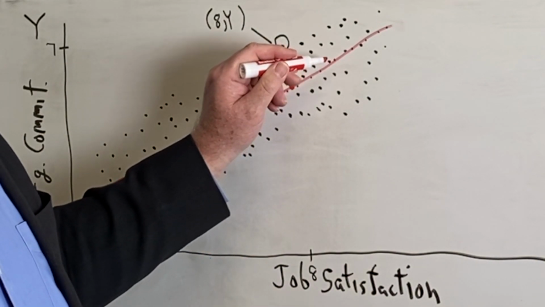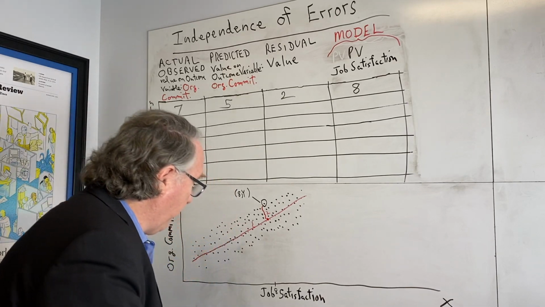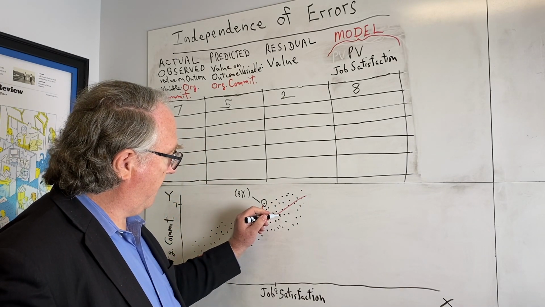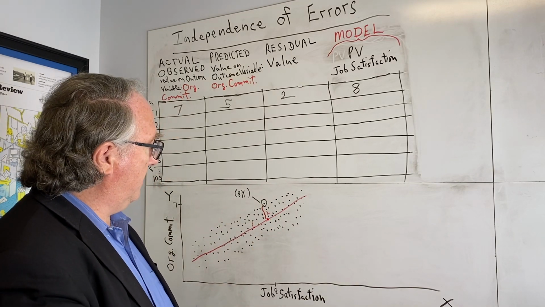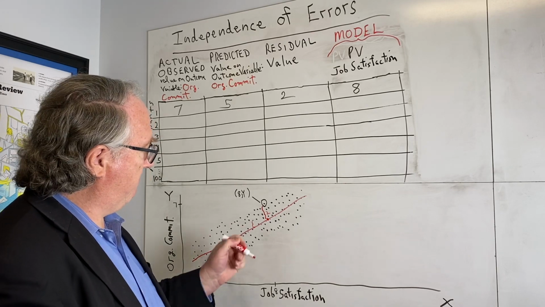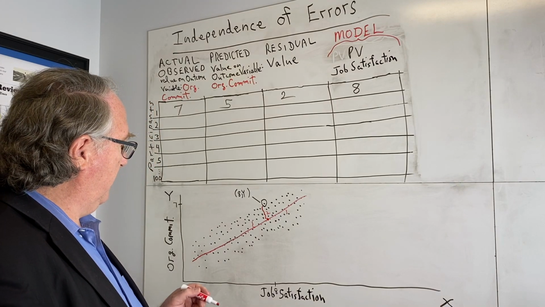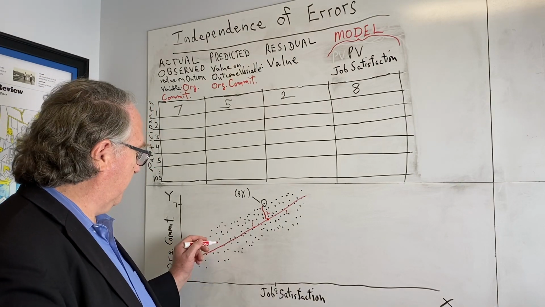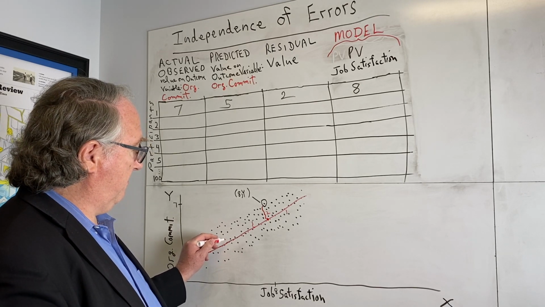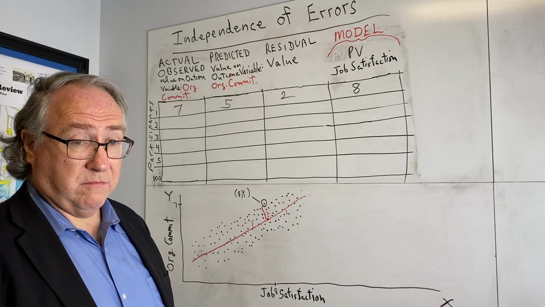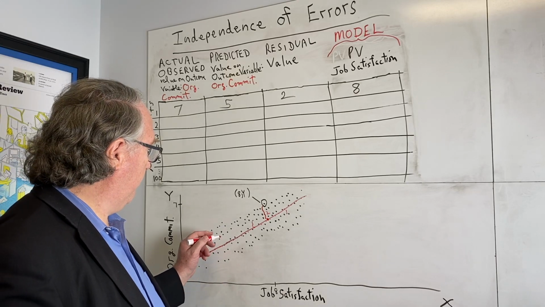And here we have another residual right here. These are all small residuals so far. How about here? Here's the predicted score out of the model. Well, the model predicts the person's score would be on the outcome variable measure, organizational commitment.